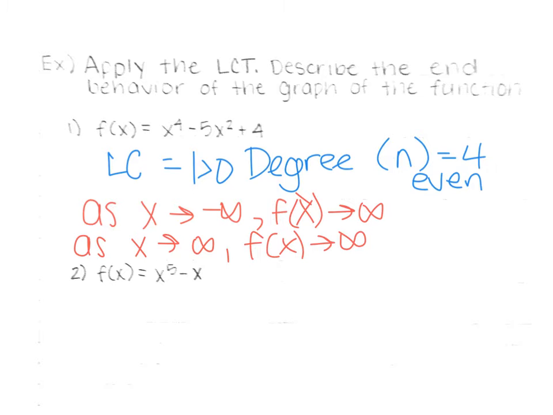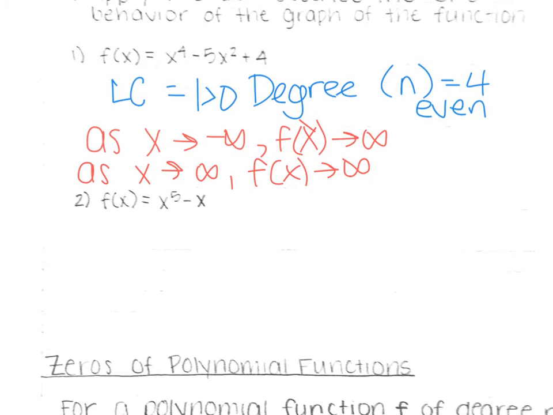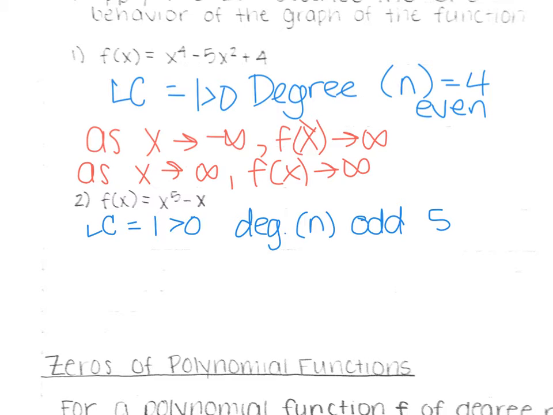Similarly, we can look at example 2 here. With example 2, we see that our leading coefficient is 1, which is greater than 0. And our degree here, remember that was our n, is odd, because it's 5. So here we need to look at when n is odd and then describe that end behavior. When n is odd, we know we're going off in different directions at the end behavior.